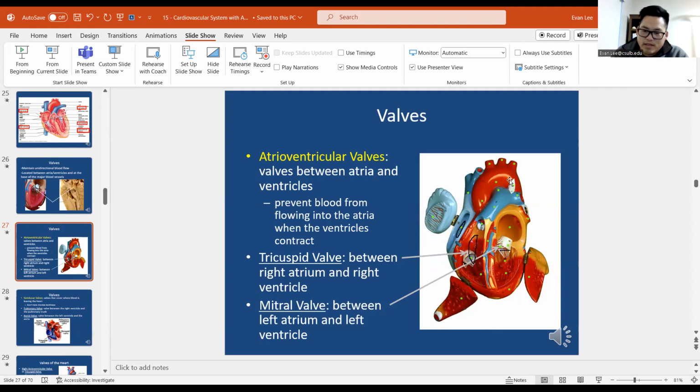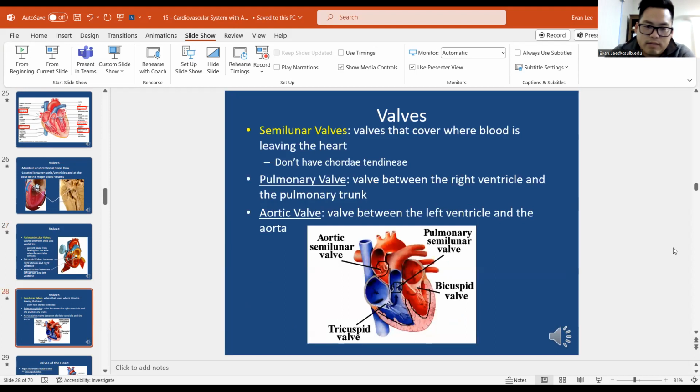So look at either side and you can see, in this case, left atrium, left ventricle, there's a valve right here. This one is called the mitral valve. And then on the other side, right atrium, right ventricle, this is called the tricuspid valve. And when the ventricles contract, these will help with stopping the blood from going back up into the atria. Now we'll look at these individually.